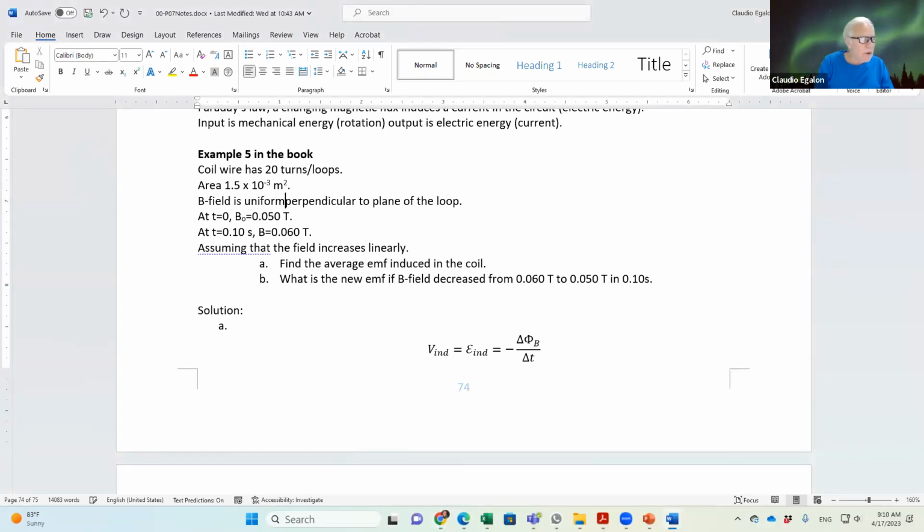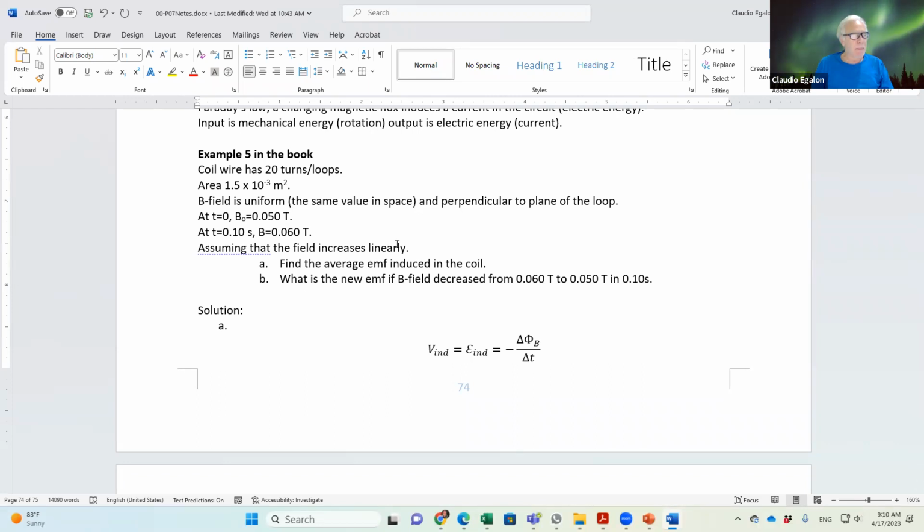It's uniform, but it's not constant. Okay, it's uniform and perpendicular to the plane of the loop. What does uniform mean? Uniform means the same value in space, right? Here we say that the field is uniform, but it's variable in time.